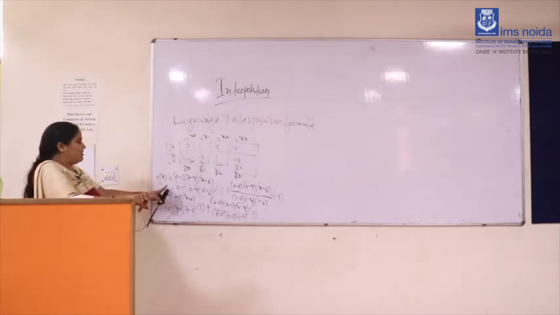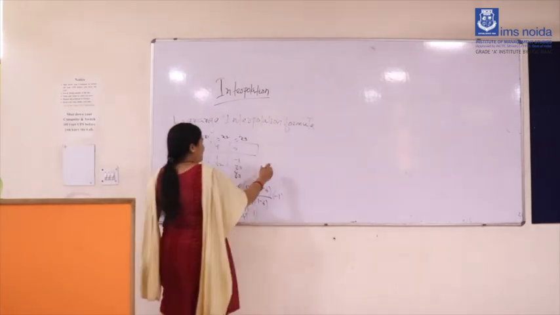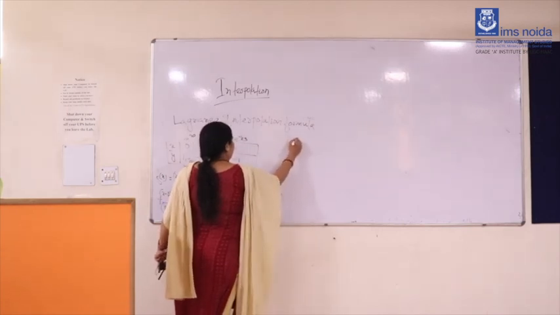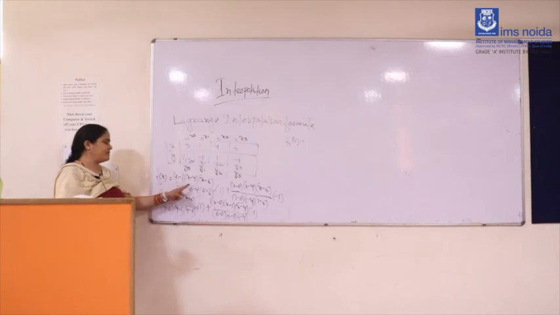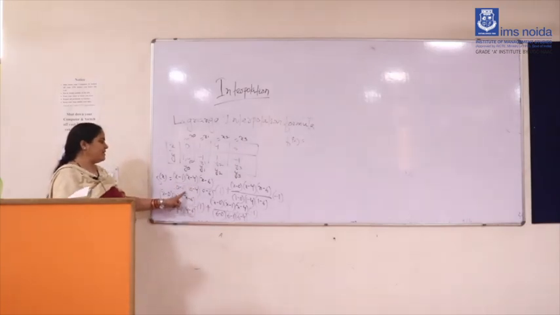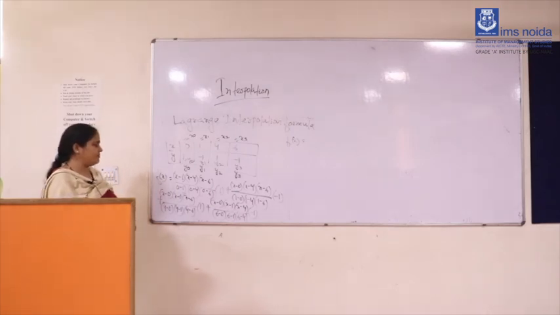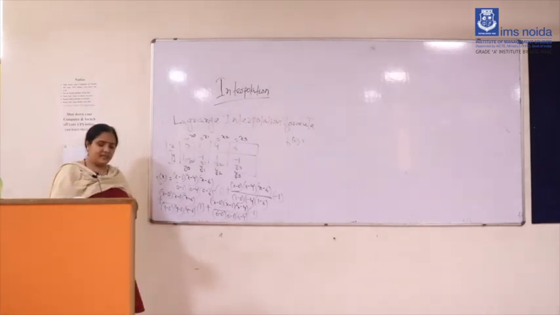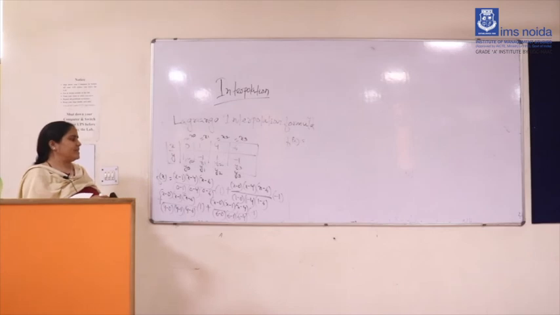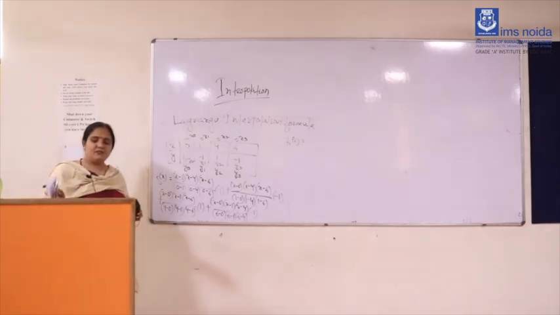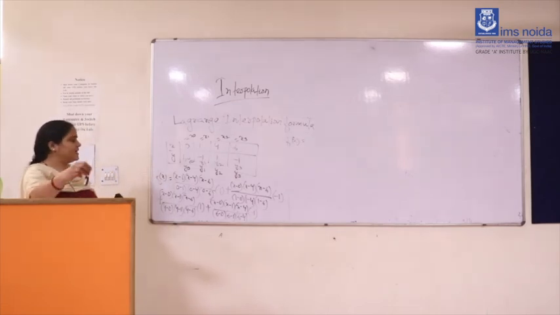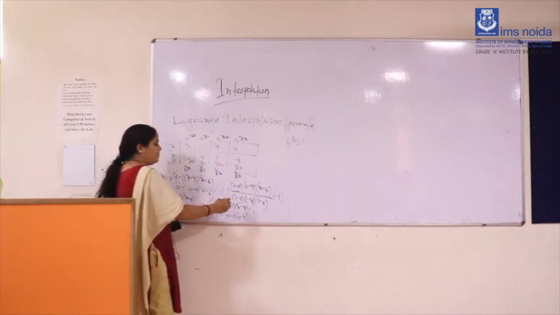You can simplify it further: fx will be x minus 1 into x minus 4 into x minus 6, divided by minus 1 into minus 4 into minus 6, so that will be minus 24, the denominator. Then x into x minus 4 into x minus 6, divided by 1 into 1 minus 4 into 1 minus 6.